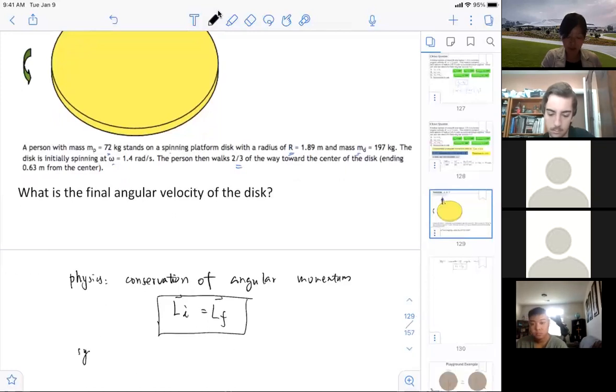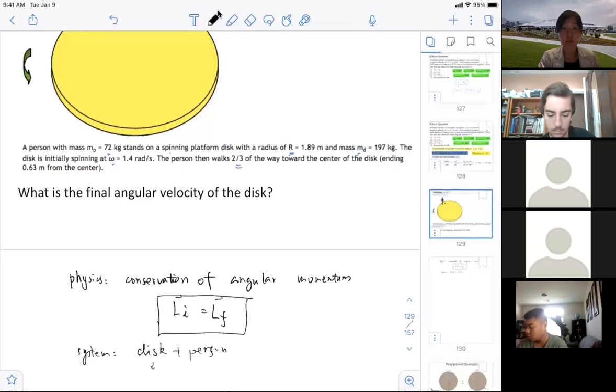Our system, of course, is the rotating platform, the disc-shaped platform, plus the person. One of them can be treated as a rigid body, the disc. So you need to use 1/2 mr squared to calculate the I, rotational inertia, for the disc. The person, we are not going to treat as a rigid body, because the person is simply changing positions.